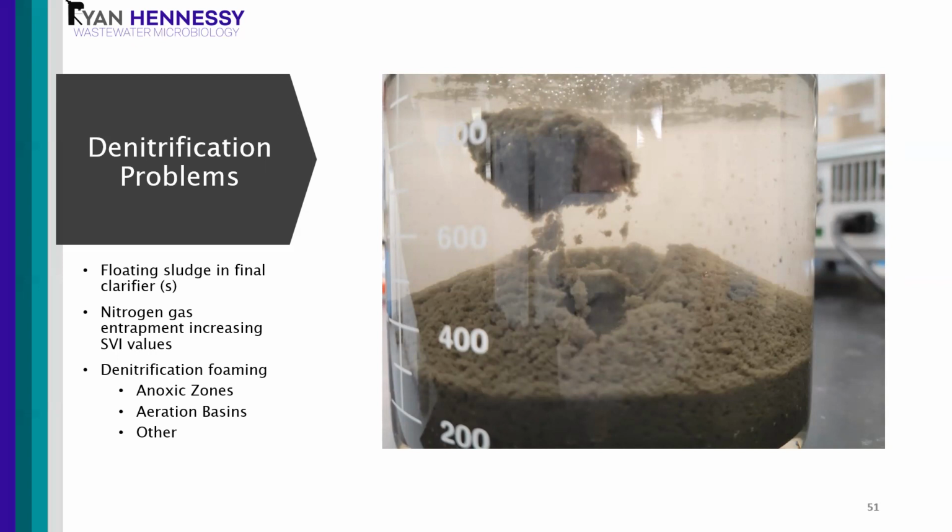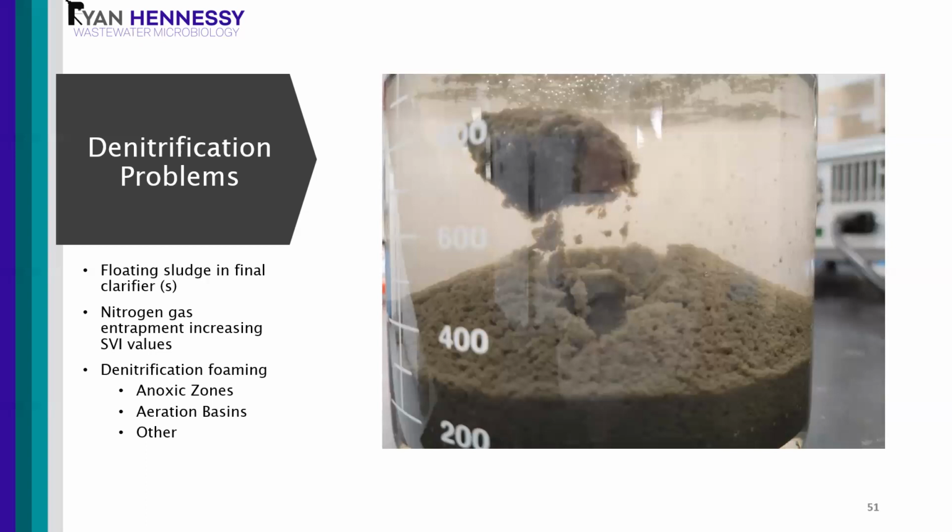Other issues could be denitrification foaming. If the rate of nitrogen gas exceeds the mixing capacity, it tends to take those flocs up with it, and that can create foam. Those foams can be in the anoxic zones, sometimes the clarifier center wells, the clarifier, or the aeration basin itself. Just because you have a DO residual or measurement in your aeration basin doesn't always mean that the interior of your flocs isn't anoxic.